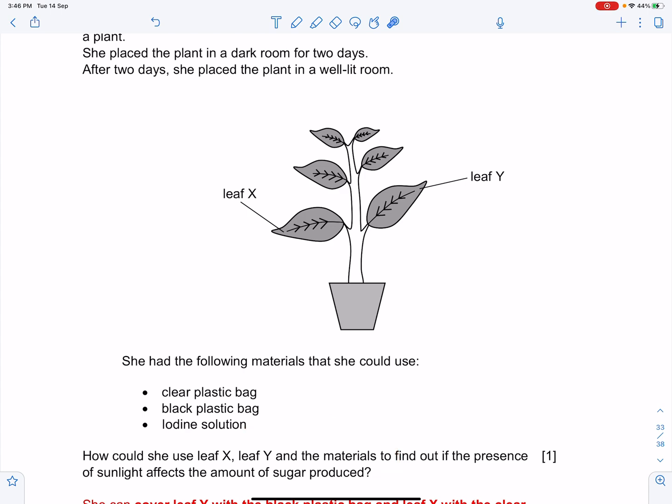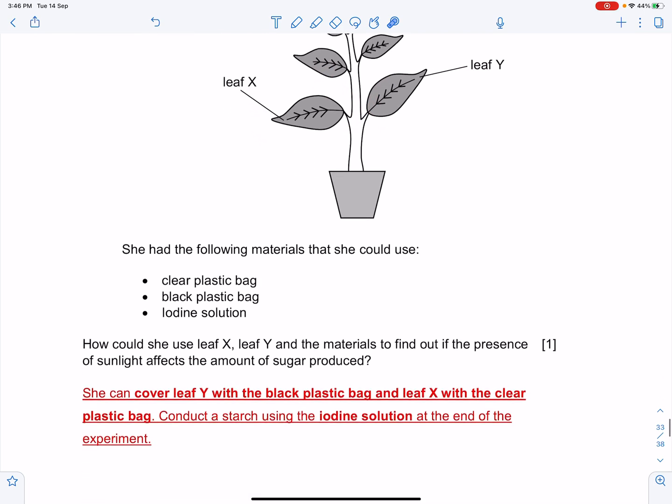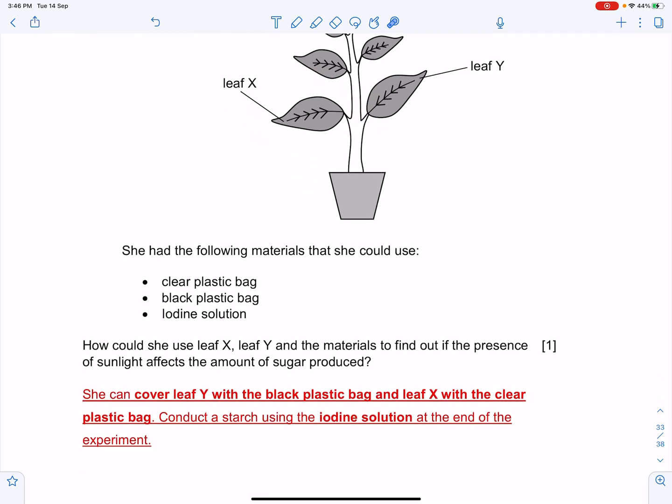Your black plastic bag will block out light, whereas your clear plastic bag will allow light to pass through. But you need both because it needs to be a fair test, so one for each leaf. Let's take a look at the answer. She can cover leaf Y with the black plastic bag and leaf X with the clear plastic bag. Then conduct a starch test using iodine solution at the end of the experiment for both leaves. So that is what you could have done.